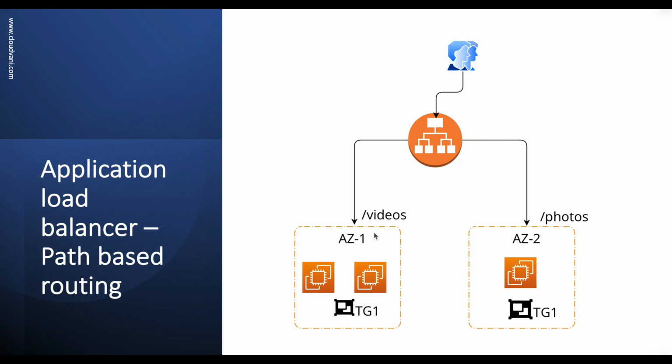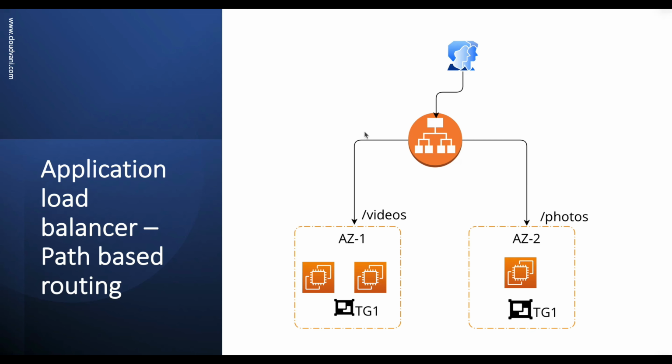As we just configured, when users try to access the page of /videos, the traffic is routed to the AZ1 EC2 instance. Whenever they try to access the photos, the traffic is rerouted to the AZ2 instance. And if the user tries to access a common URL, sometimes it is sent to AZ1 and sometimes to AZ2.